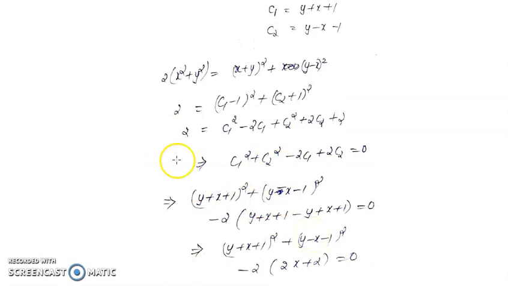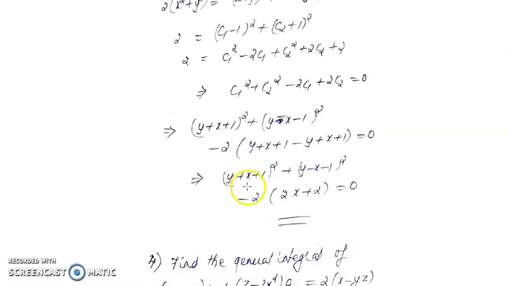On substituting for c1 and c2, you will obtain the equation of the form (y plus x plus 1) whole square plus (y minus x minus 1) whole square, minus 2 times (2x plus 2), equal to 0. So this is the required integral surface.